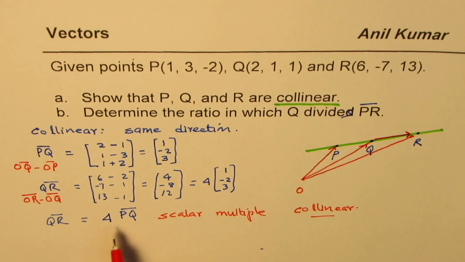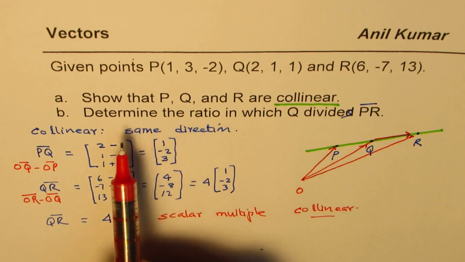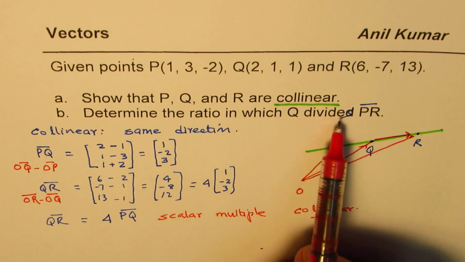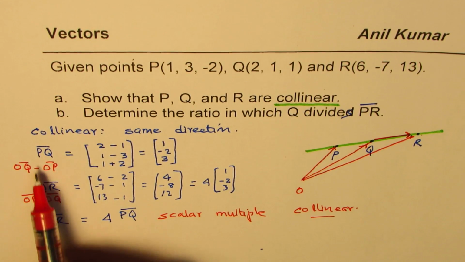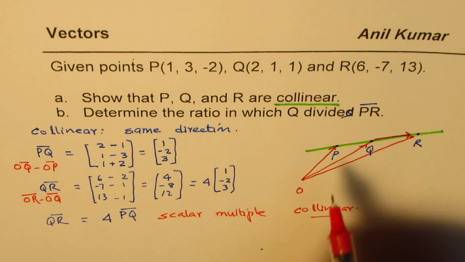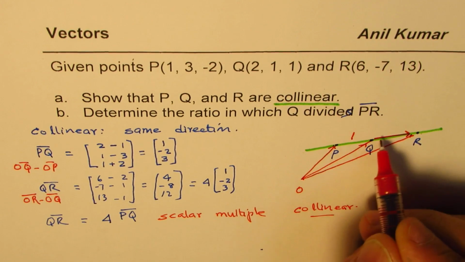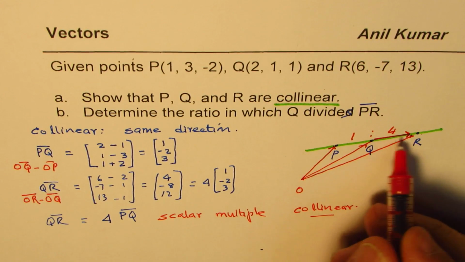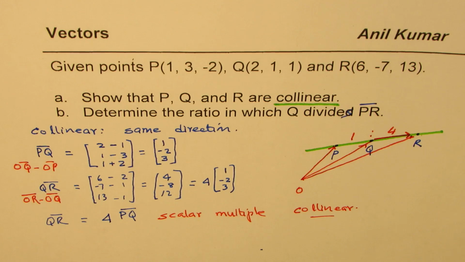And we actually get the answer for the second question also, which says determine the ratio in which Q divides PR. We know that QR is 4 times PQ, so if PQ is 1, QR is 4. Do you see that? So the ratio is 1:4, and we can now answer the second part of this question.